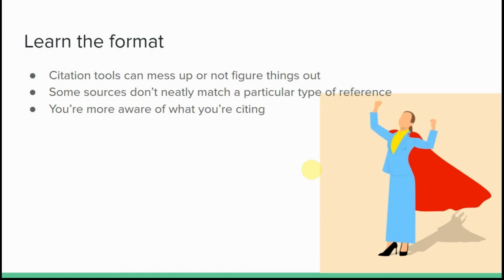So knowing the patterns, knowing the formats are really important. Also, being able to write your own citations, write your own references, means that you're more aware of what you're citing and understanding how recent it is, and understanding what it is and what kind of source it is. So that's always a good thing to know.